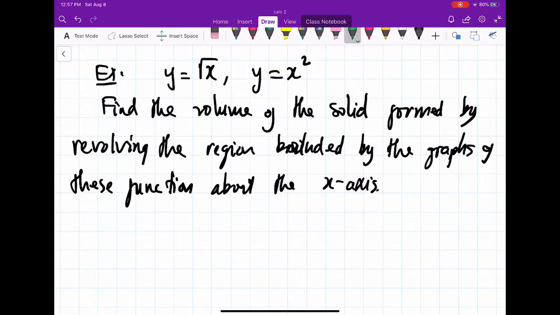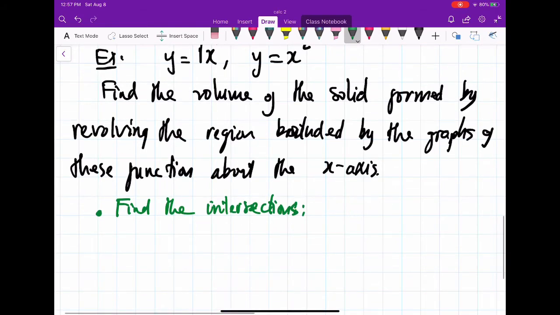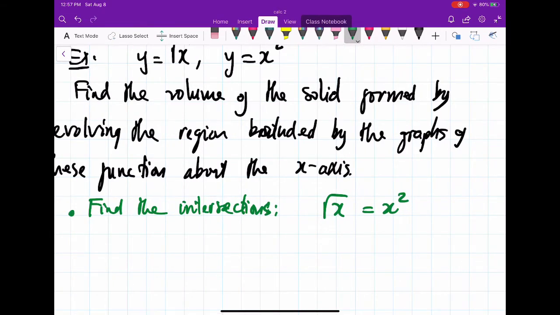I don't know the graph, but let's find the intersection. I put square root of x equal to x squared. From here, I square both sides.